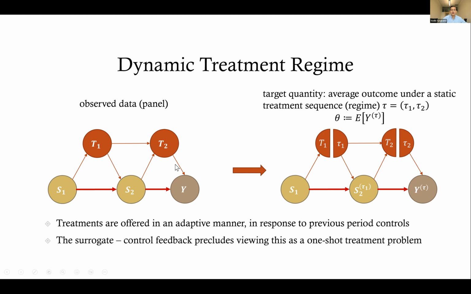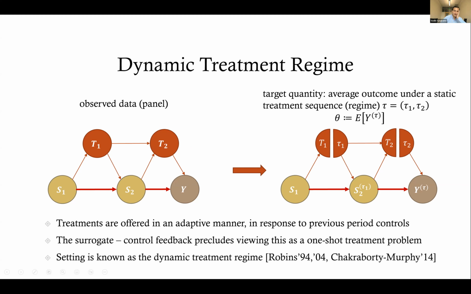We cannot just say this person was offered 2 treatments, T1 and T2, and let's control for S1 and S2, or let's just control for S1. None of these static treatment reductions would work in this problem and wouldn't estimate the thing that we care about. And so that's why this setting has its own name and is known as the dynamic treatment regime and has a long history, especially in biostatistics.